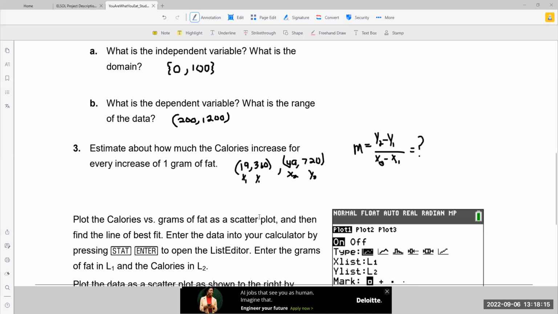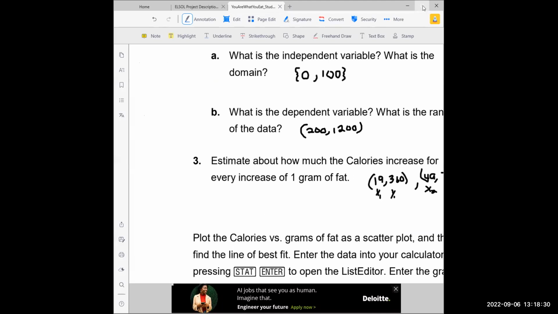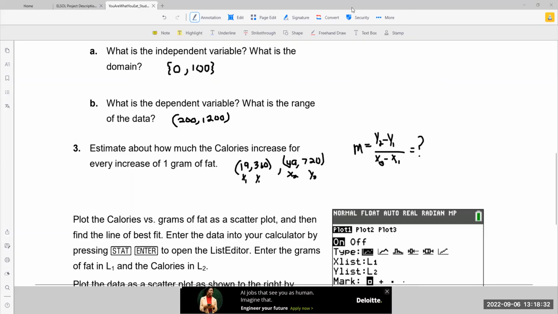Then for me, if I were to do this with the data, let's see what I would end up with. I'm doing this on a calculator, and I'm not sharing that calculator with you because I'm simply going to do 720 minus 360, which gives me 360.